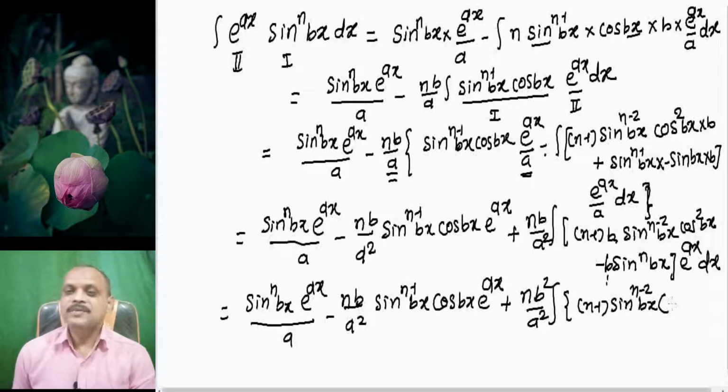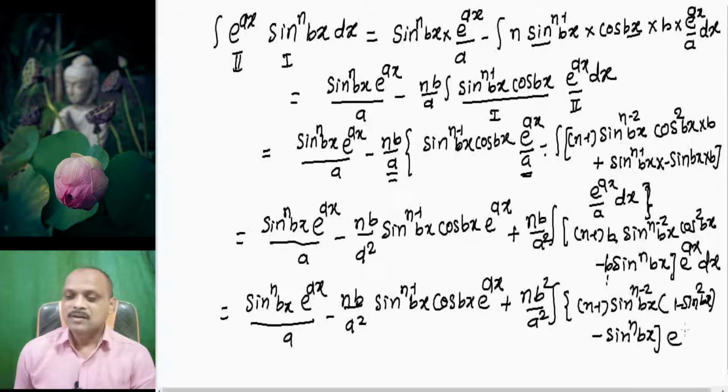For this cos square we will use an identity, cos square x plus sin square x equal to 1, and from this cos square x equal to 1 minus sin square x. So here sin square bx minus sin raised to n bx e raised to ax into dx.